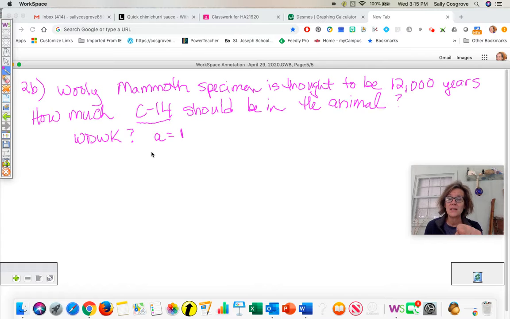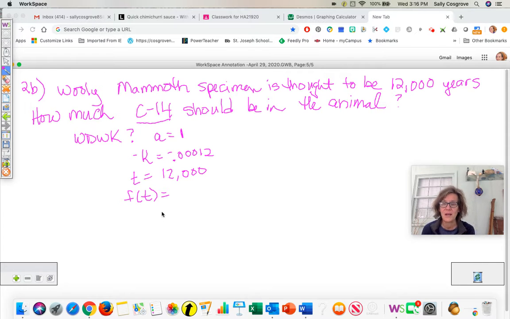In the example we just worked, we found the decay constant for carbon-14. k equals 0.00012, but because it's a decay, it's going to be negative k, negative 0.00012. Do we know t? We do, 12,000 years. Do we know f of t? No, that's what we're trying to find.